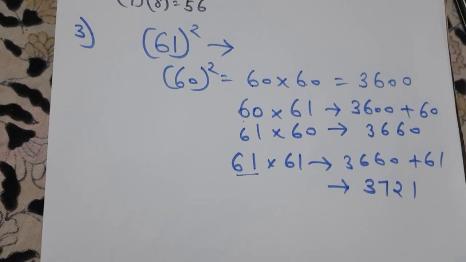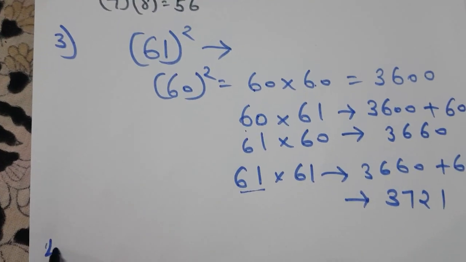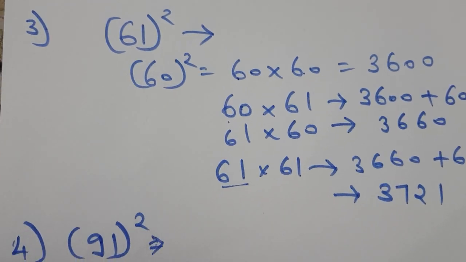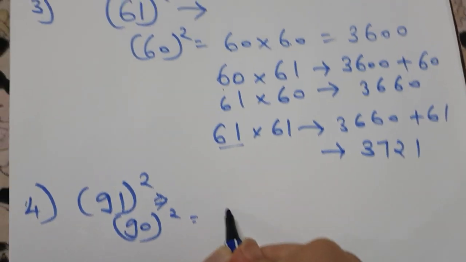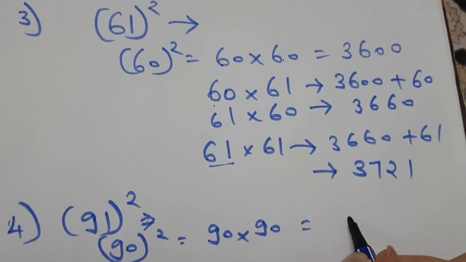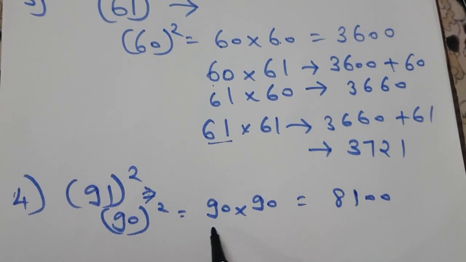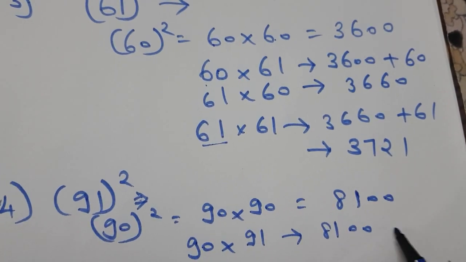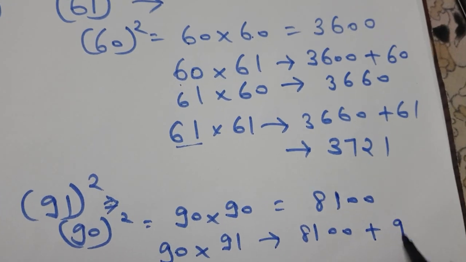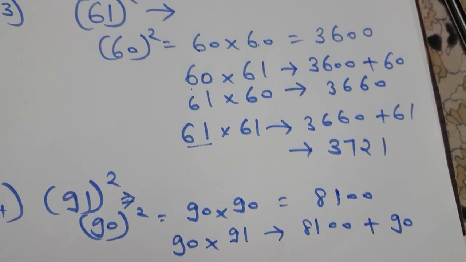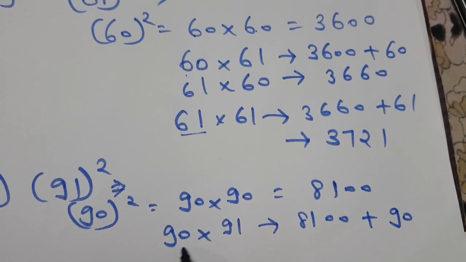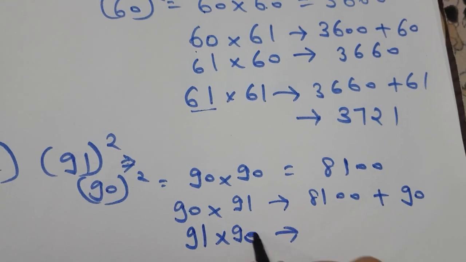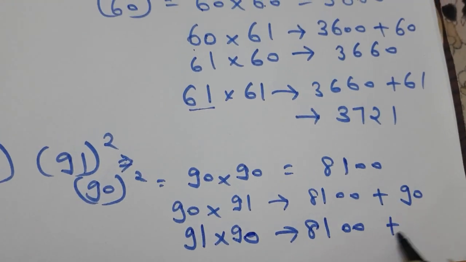Okay, let us take another example. Fourth example, 91 square. We will begin this by taking 90 square. We all know 90 cross 90 will give you 8100. So you can add 90, 91 times. The difference is that you need to add just this plus 90. You can write this simply, if you just reverse it, 91 cross 90, that doesn't make a difference. 91 cross 90 will simply be 8100 plus 90.